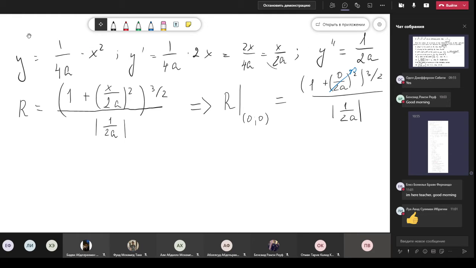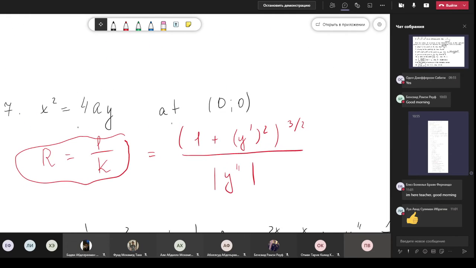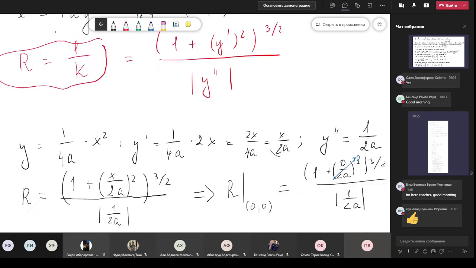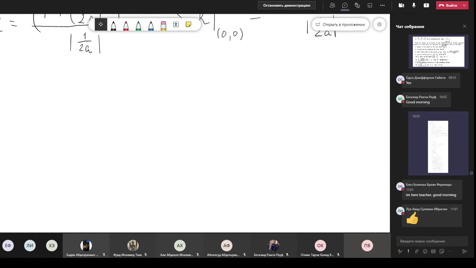We have the curve x squared is 4ay. Draw this curve. This is a straight line, the y-axis.